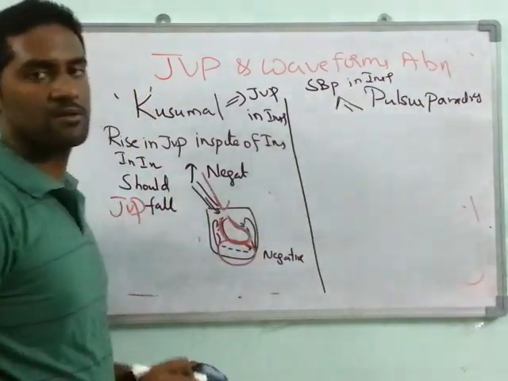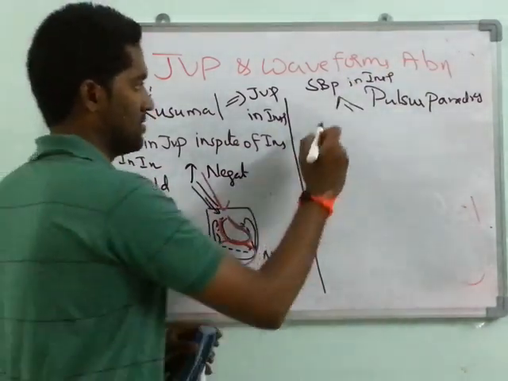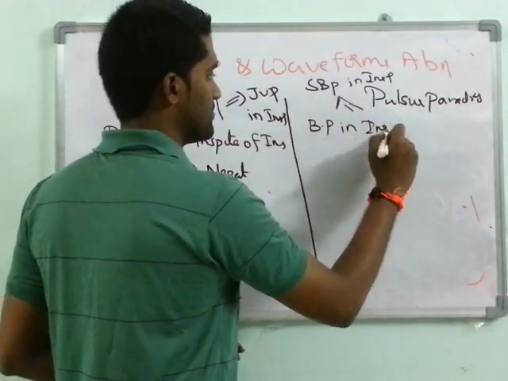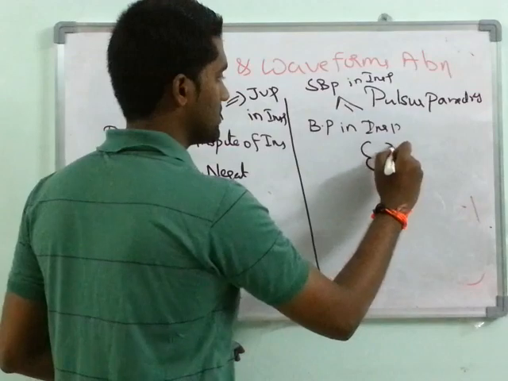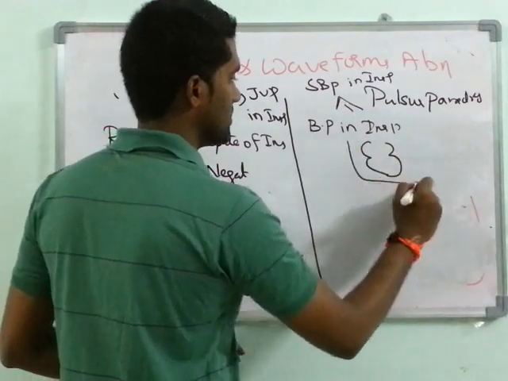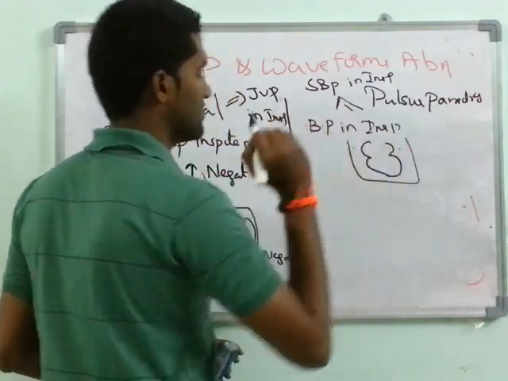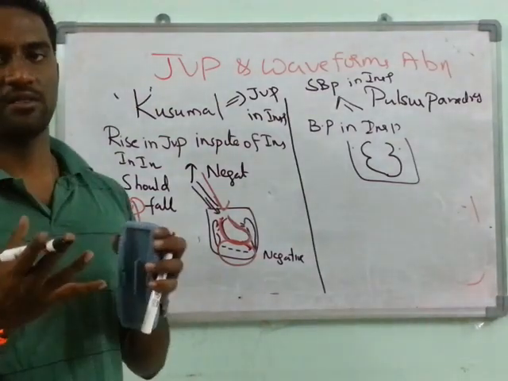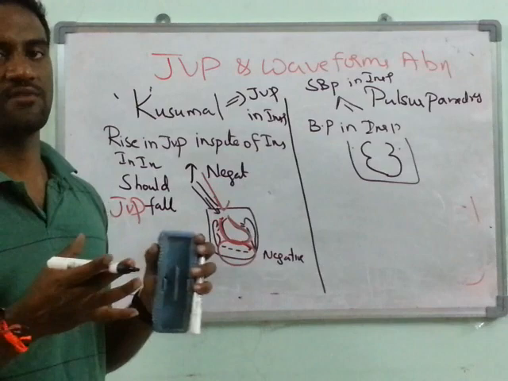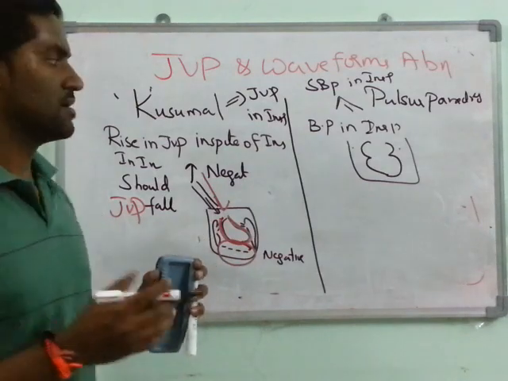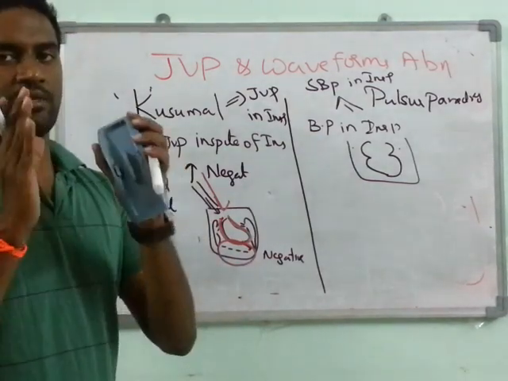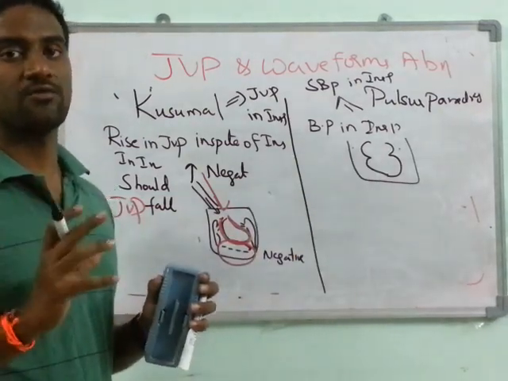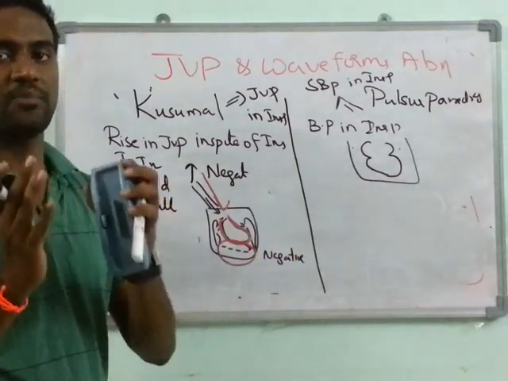So what happens in pulsus paradoxus? Let us see what happens to BP in inspiration. Suppose this is the heart within the thoracic cage. During inspiration, as we have discussed, there will be more negative intrapleural pressure, resulting in the pulmonary circuit of blood becoming a compliant thing.